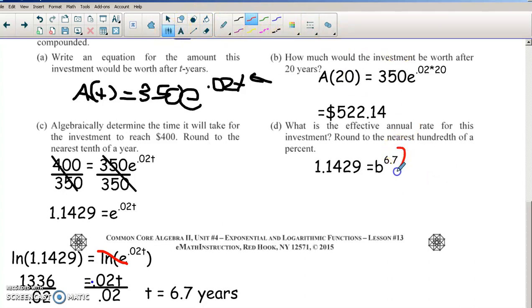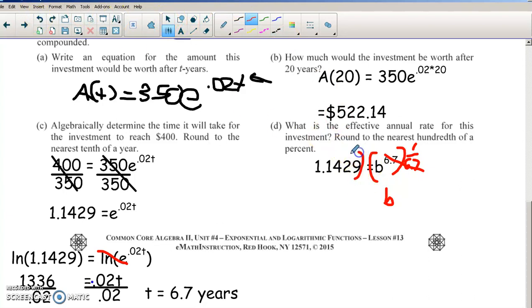So I'm going to have to use the mouse for this. I need 1 over 6.7. And then this would cancel my exponent out. See, then down would drop my base. And if I do that over here on this side, I better do it over here on this side.